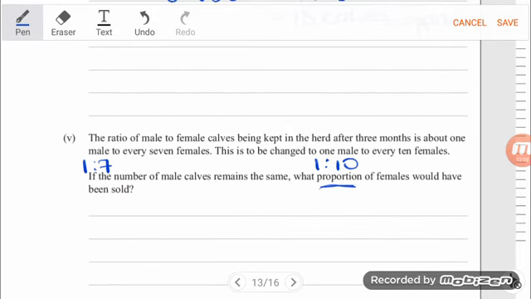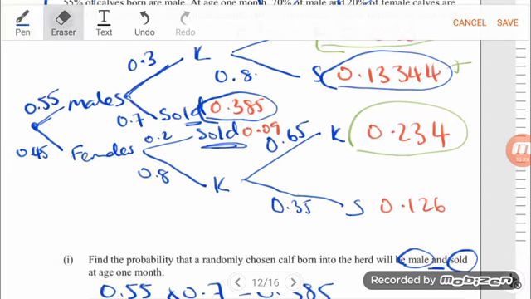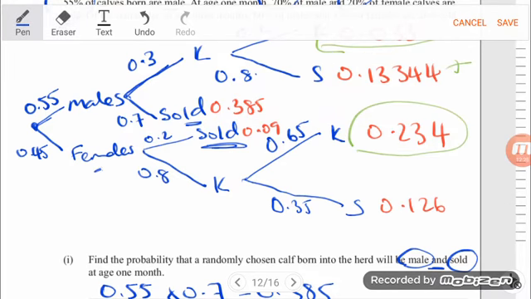Okay, so the total proportion of females sold would end up being this one plus this one times, that's males. So we want females, and they're talking about wanting sold. So these proportions here change overall.